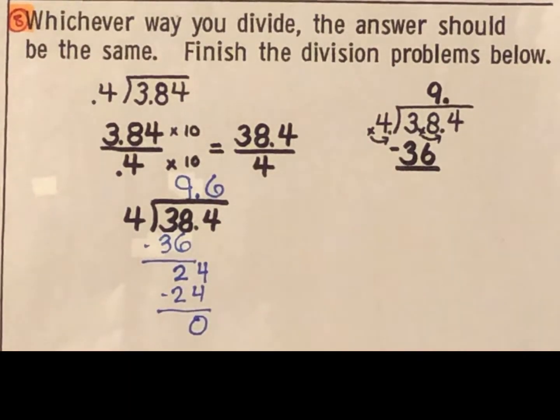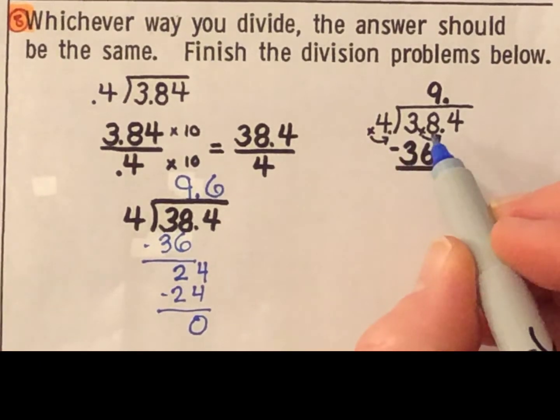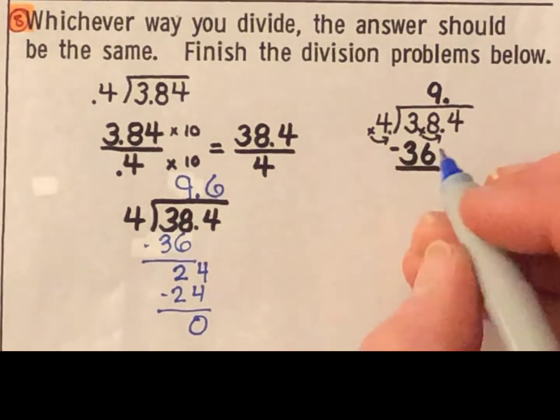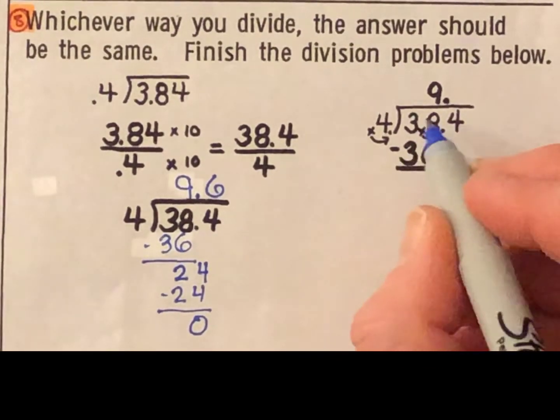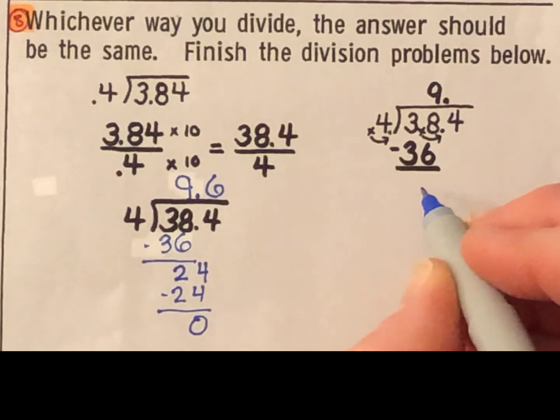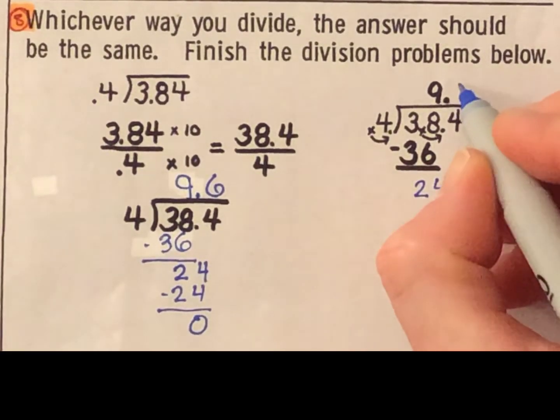And this method, they already started. They just moved the decimal here and kept it this way. You just have to remember the decimal is here now. So 38 minus 36, I will finish this, is 2, and the 4. So you end up with the same.